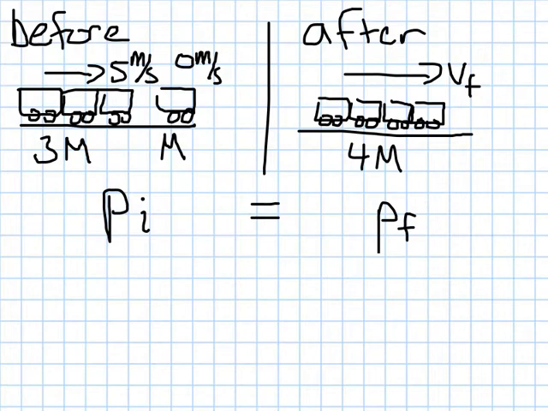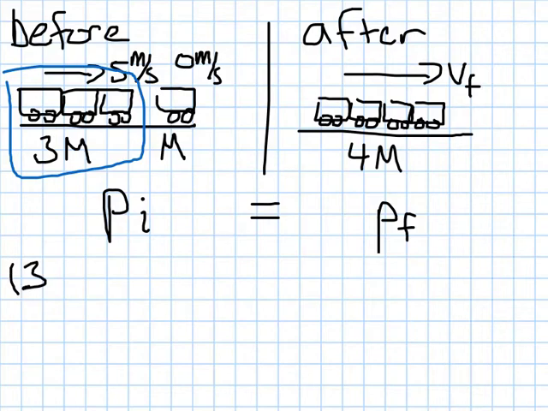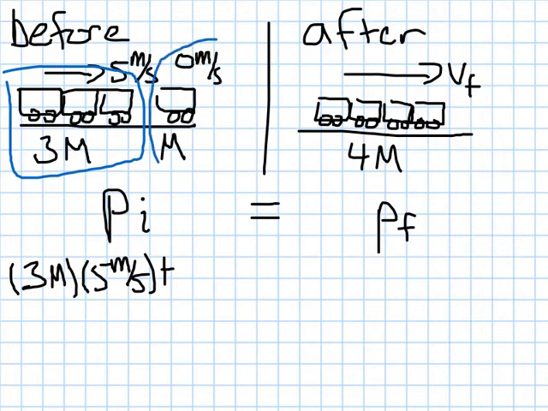So let's write out what that is. The initial momentum, the first object is here, and its momentum is the mass, 3m, times the velocity, which is 5 meters per second. Add to that, we have to consider all the masses in the system.